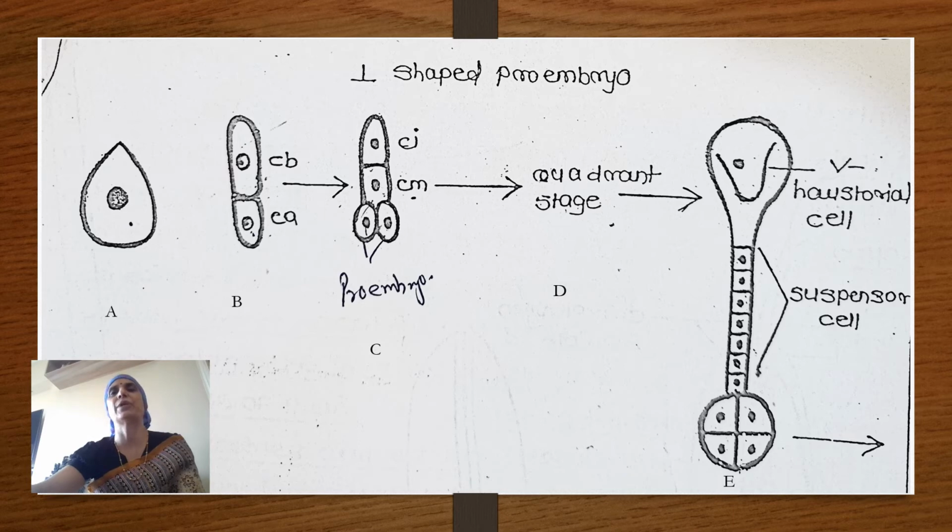These 4 cells give rise to 8 cells, and the 6 to 8 cells formed as a result of division of Ci and Cm give rise to the V-shaped haustorial cell and 5 to 6 suspensor cells. So a suspensor is formed and a haustorial cell is formed. The haustorial cell helps in attachment of the embryo to the embryo sac and in deriving nourishment for the developing embryo from the embryo sac.